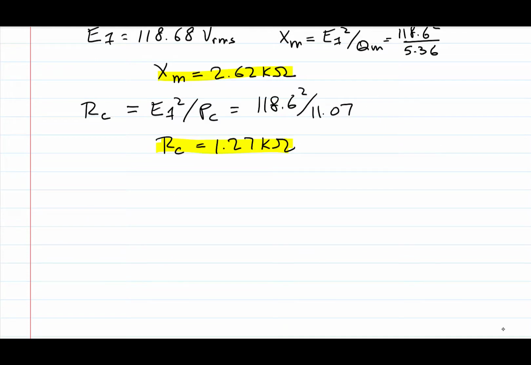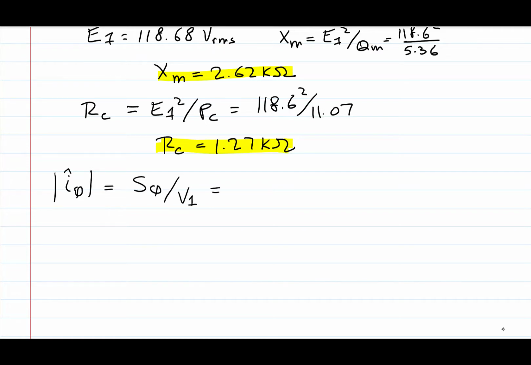There's one more quantity we can find that might be helpful and insightful, and that is the excitation current. So we can find the magnitude of the excitation current. That would be equal to the value of excitation volt amperes divided by the V1 that we're measuring on the primary.